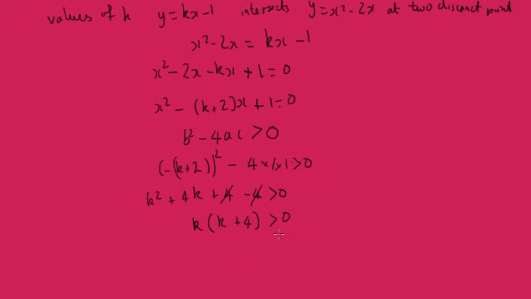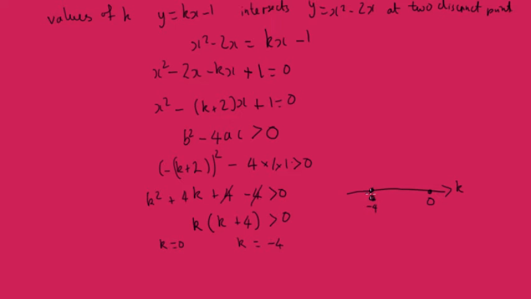So the critical values are going to be, if you think of this line representing your k-axis, when this equals 0. So that's going to be when k equals 0, and when k equals minus 4.